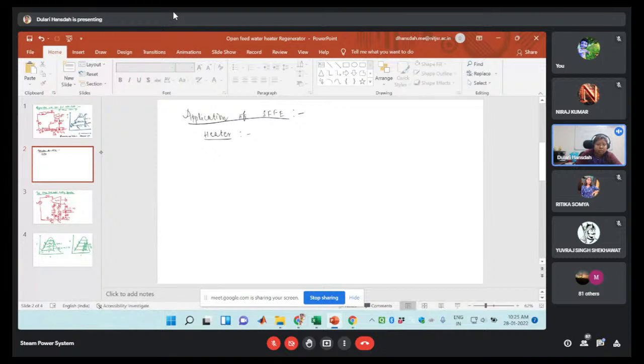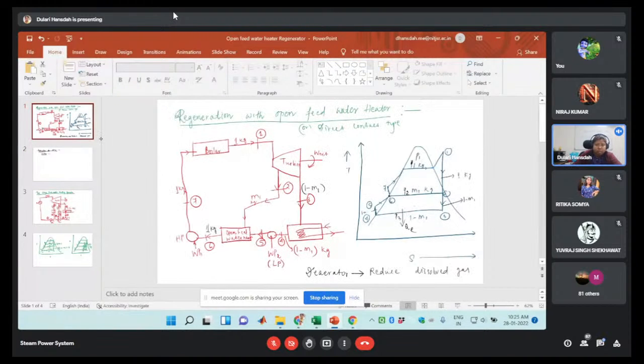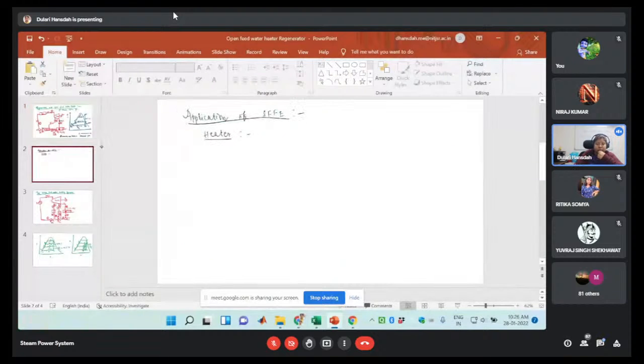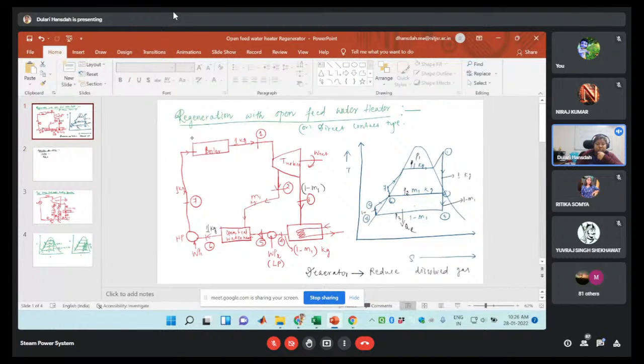For the heater, this will be M1 into H2. The enthalpy will be H2, and the mass drawn from the turbine will be M1. So first it is M1 into H2, plus, as I have already told you, the same amount of condensate will circulate through states 4 and 5.